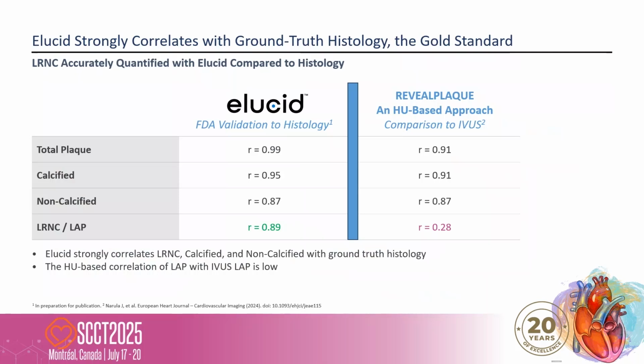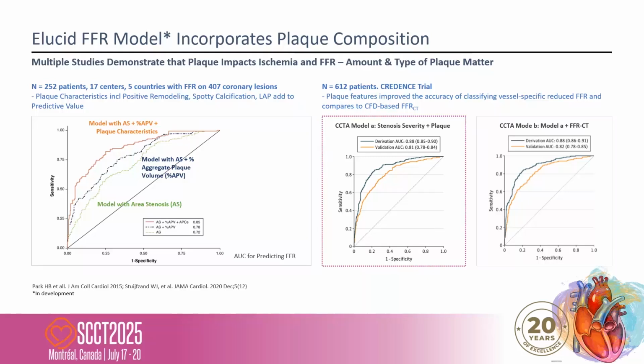We see on the left is our histology validation. It's in press, but all the correlation to histology is very well achieved, even our lipid-rich necrotic core, R 0.89. And on the Hounsfield unit side, we see the REVEAL plaque study with a Hounsfield unit basis, just saying that IVUS LAP is not Hounsfield unit LAP, so it's unclear exactly which one of those is the measure you're going to go with. As Jim said, we're not the only people that believe that we can build a better FFR with AI and plaque input rather than just computational fluid dynamics.